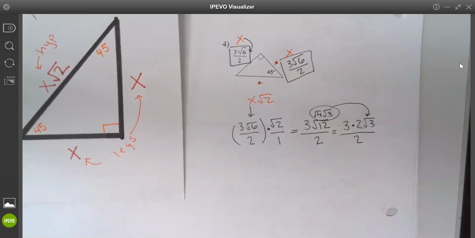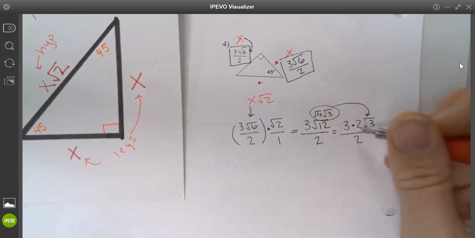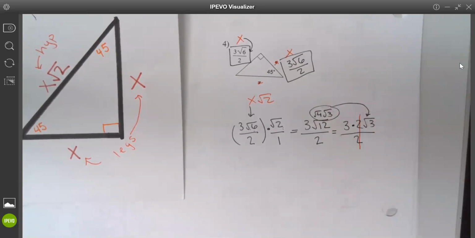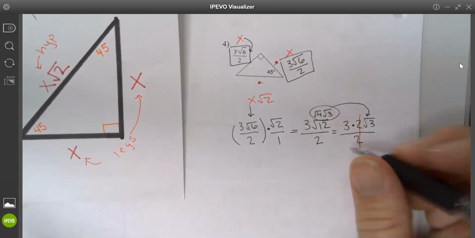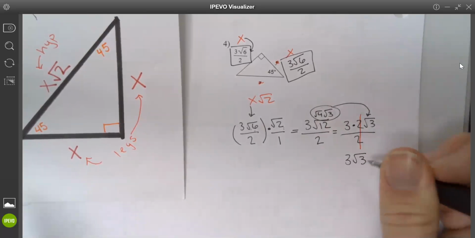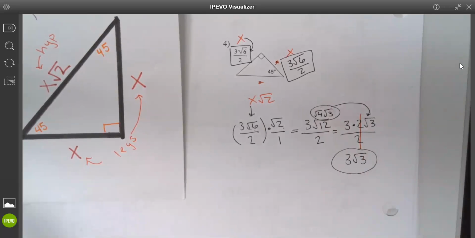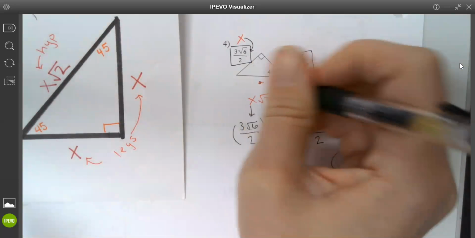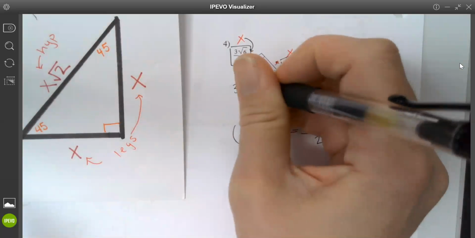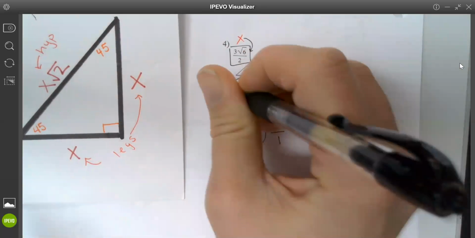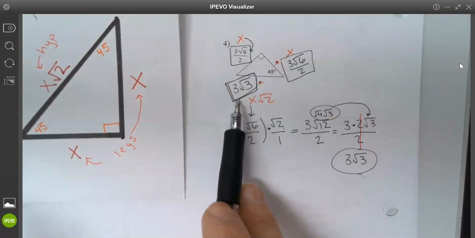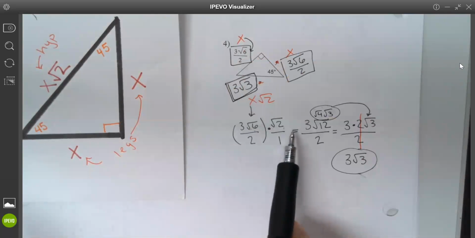So now I can keep going and write that as 6 rad 3 over 2 and reduce, or if I have the same number in the numerator as I do in the denominator, I can also cross out at this step and say, okay, those 2's would cancel and it would just leave me with 3 rad 3. So this missing side here is 3 rad 3, solving for the other side of my triangle. That's what happens when I take x and multiply it by rad 2.